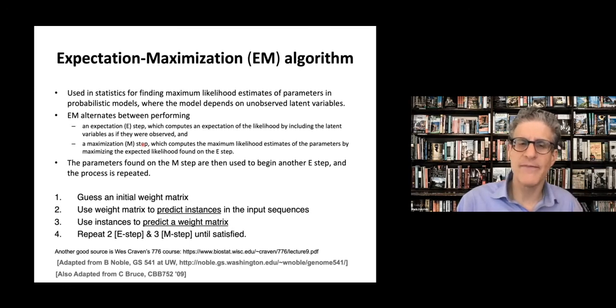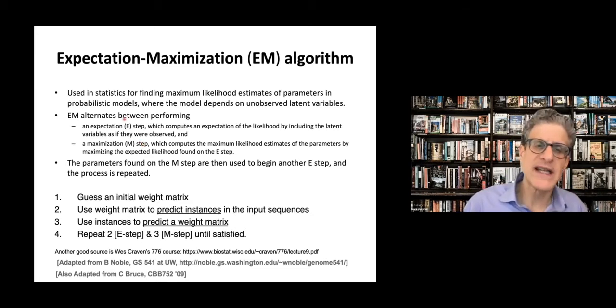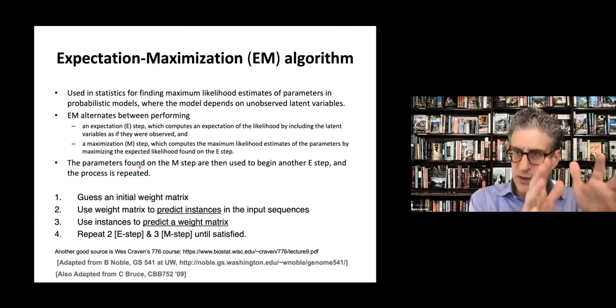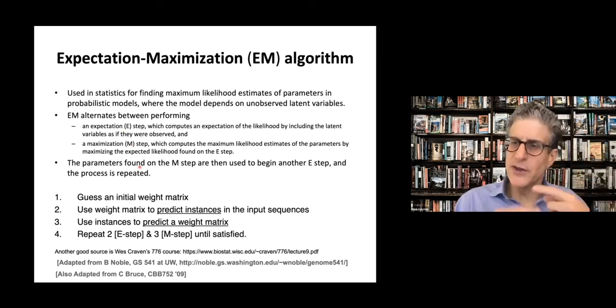You find their maximum likelihood estimates for these parameters or latent variables. And what happens in EM is you iterate between these two different types of steps. Again, if you describe it in a very concrete context, you'll get a lot of intuition for this.